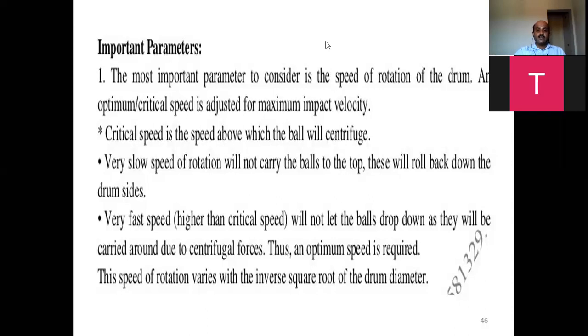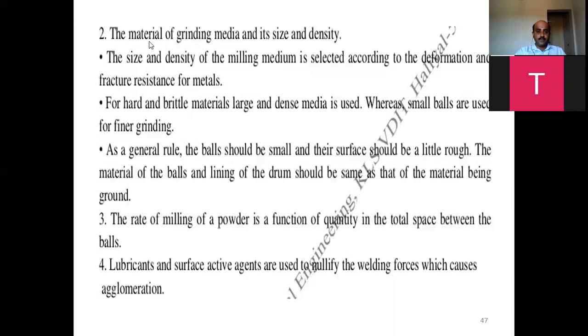Then the second thing here is the material of the grinding media and its size and density.